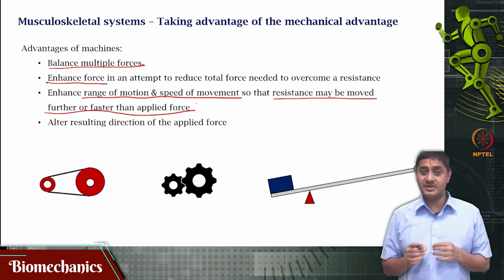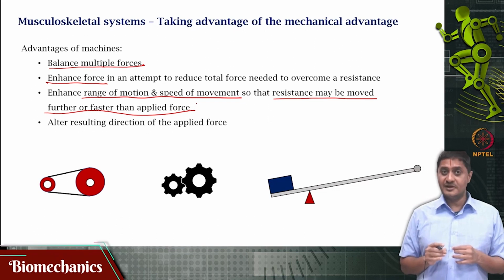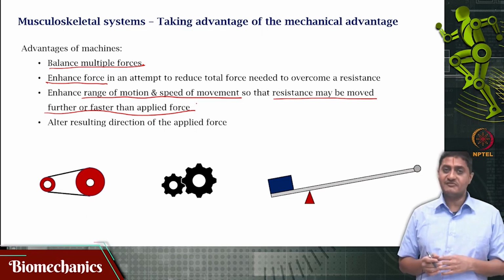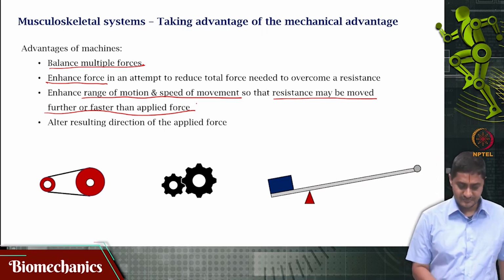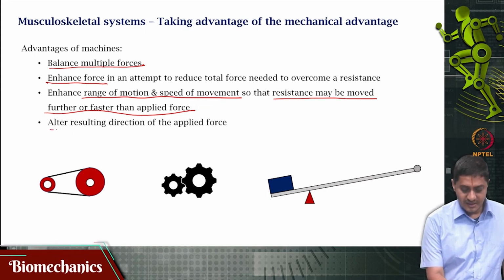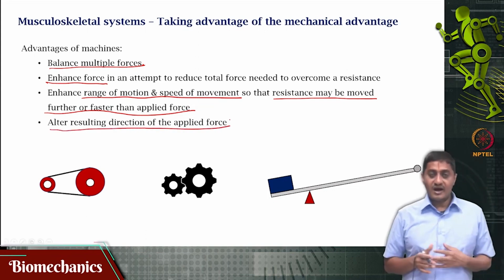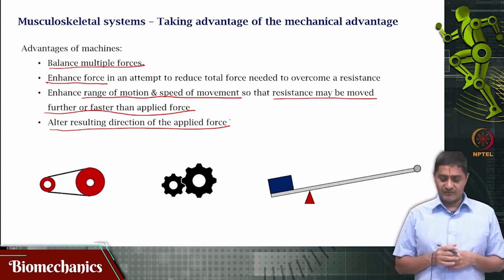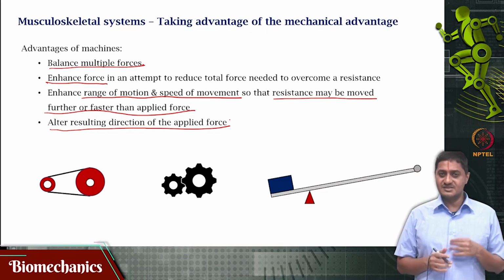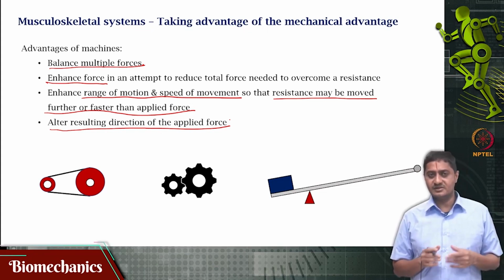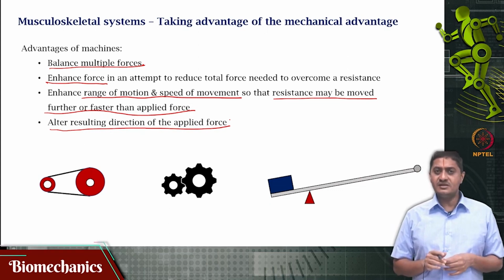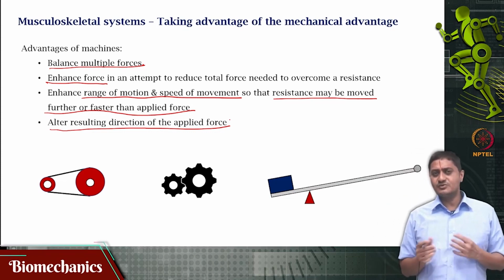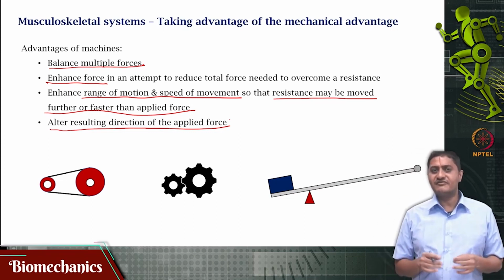So, depending on the application, depending on the situation, depending on the particular case, there might be an amplification of force, or there might be an amplification of range of motion and speed of motion, right. The other might be to alter or slightly twist or tweak the direction of applied force. This is done using many muscles. Depending on the situation, depending on the case, there might be a need to alter the direction in which the force is applied. This will result in some crucial changes in mechanics that will affect the outcome.